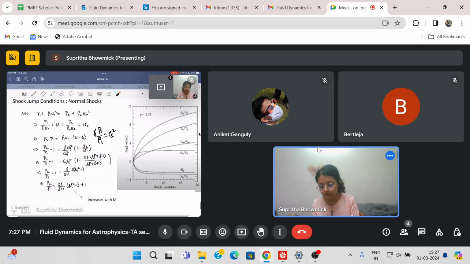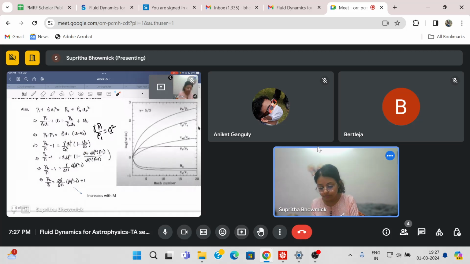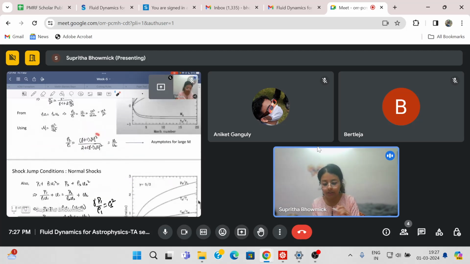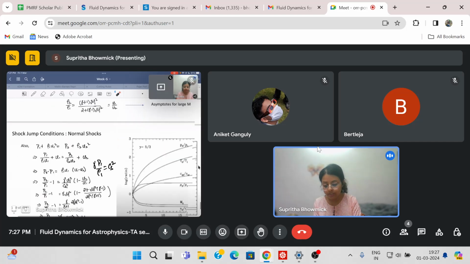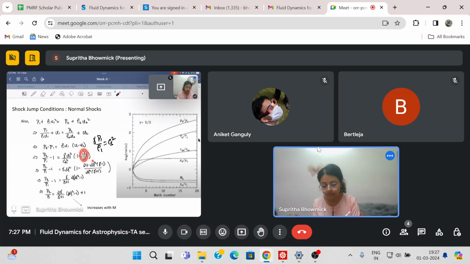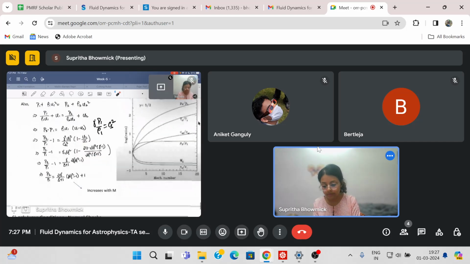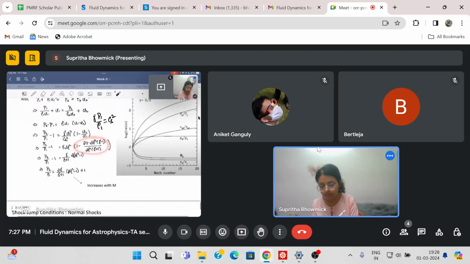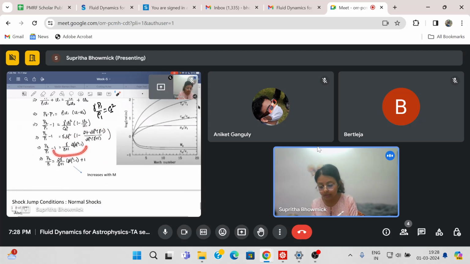So remember this was the Mach number square, so we write this as gamma m square, and we know what u2 by u1 is. That is something we derived over here. So we substitute for this ratio by this term. Simplifying this, you will get this. So you bring this minus 1 to the right hand side and you get the jump conditions on the pressure.